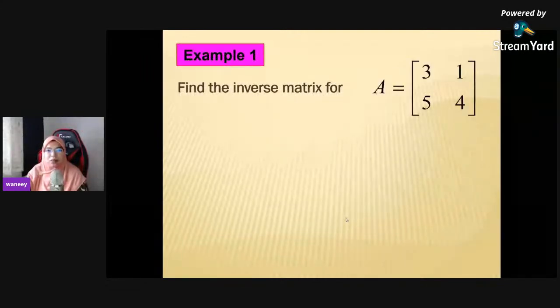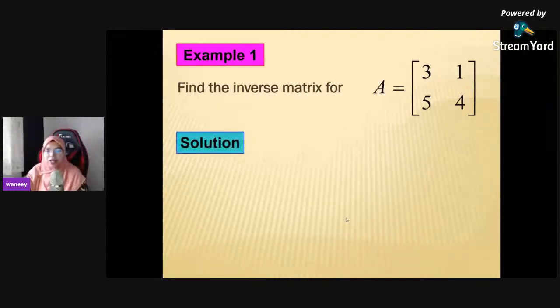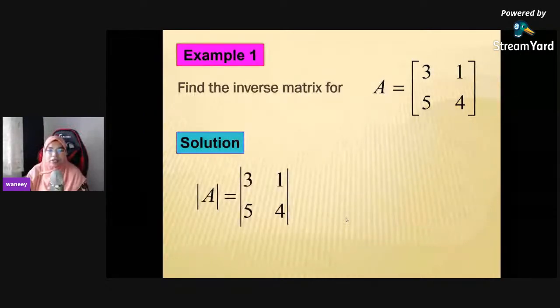Okay, so example 1, find the inverse matrix for A. A is 3, 1, 5, 4. Okay, so firstly, we need to calculate the determinant first, because if the determinant is equal to 0, it simply means that we don't have any inverse matrix. So calculate the determinant first. Okay, so determinant of 3, 1, 5, 4.